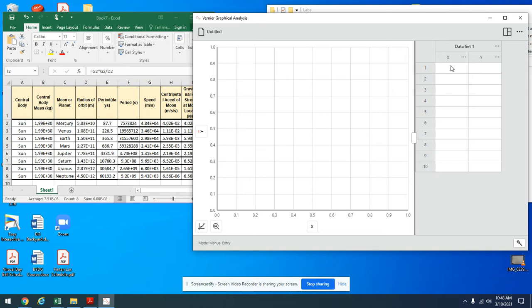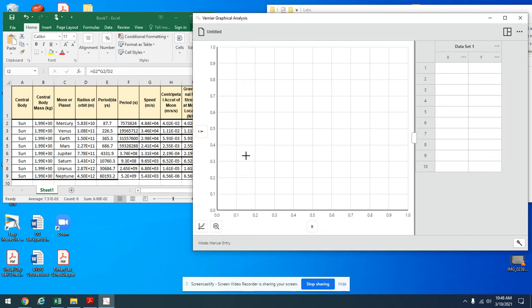So the point of this lab, as described in the assignment, is to investigate the nature of the relationship. By that, I mean what powers of what variables are proportional to what other things in this universal gravitation. We're not going to try to nail down in the lab what the constants or coefficients are.